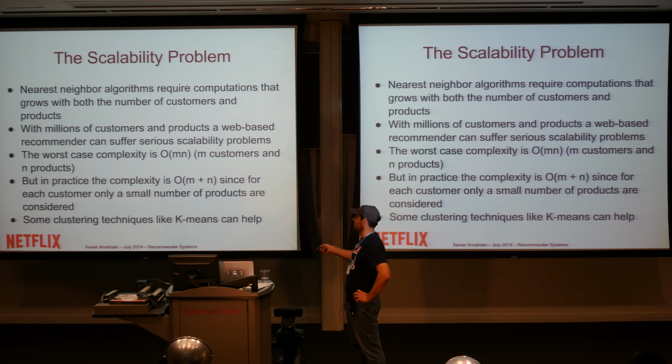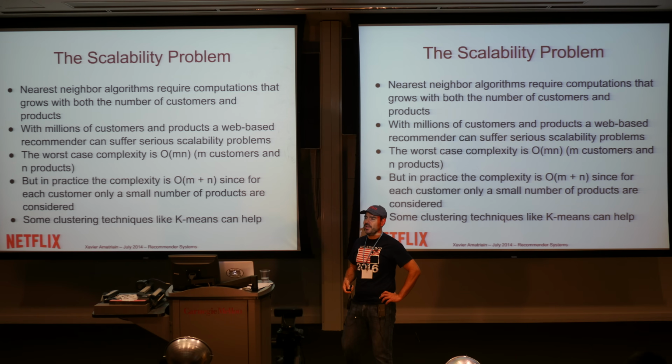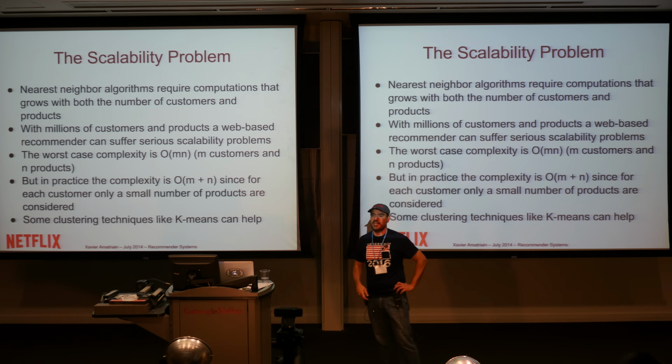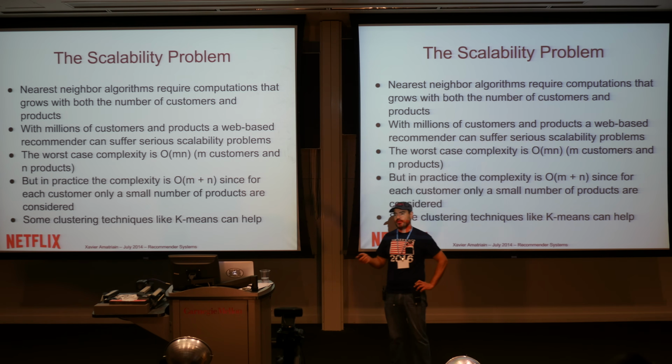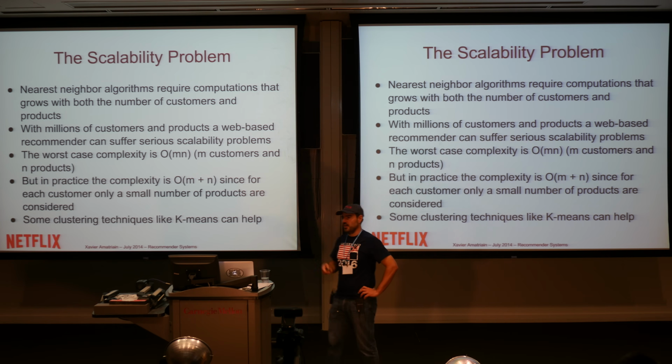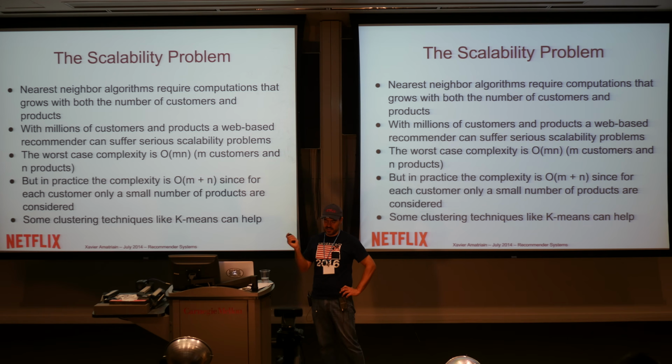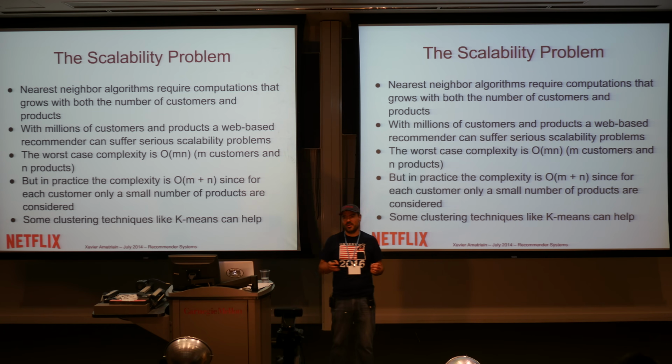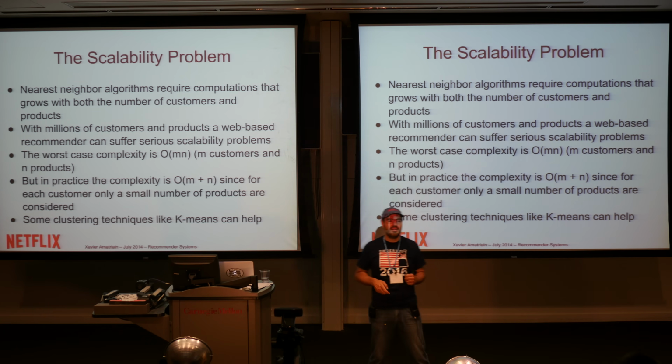In practice, it's a little bit less, but still, it's very costly to compute that similarity. And if you're not going to do dimensionality reduction, something that might help is to use clustering techniques and start with doing some, say, k-means or LSH. I'll talk about that later also. But the idea is you can do some initial grouping of users and then only compute the similarity for the users that initially are similar.